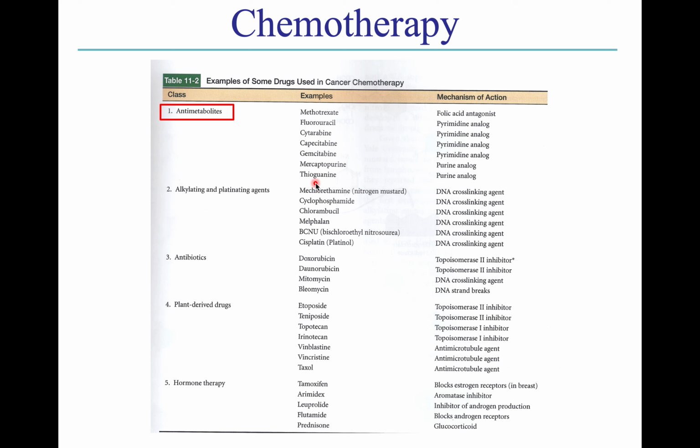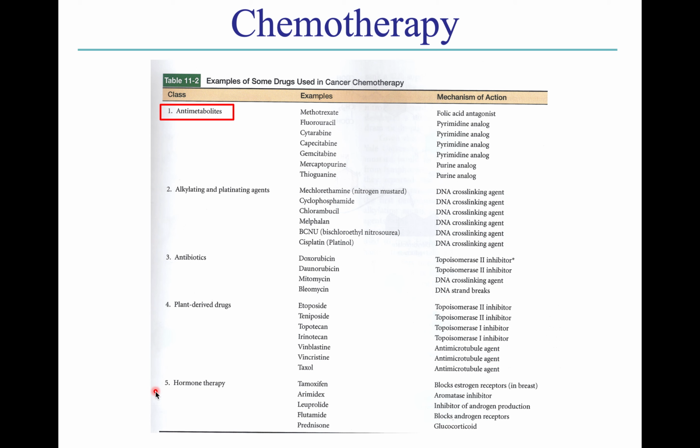But I do want to talk about the five main classes of sort of classic chemotherapy drugs. These are the anti-metabolites, alkylating platinating agents, antibiotics, that may be surprising to you, some plant-derived drugs, and then hormone therapies. And I'm just going to briefly go through each of these groups just to give you some idea of how they work.